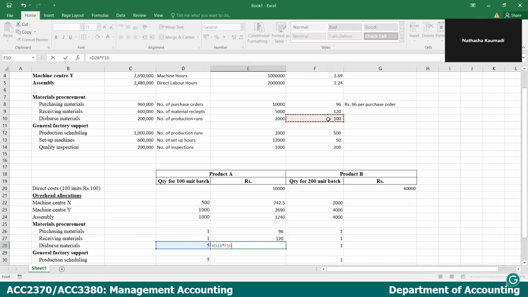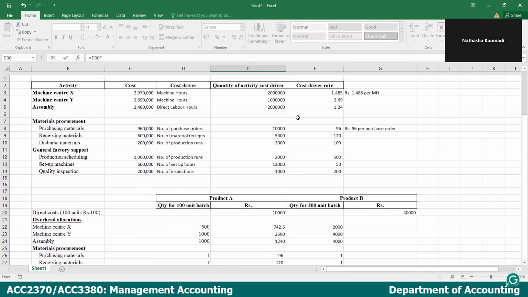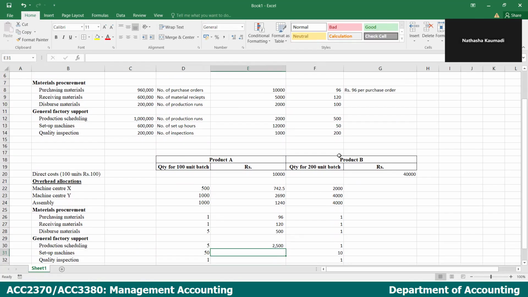What is the cost? 100 rupees. That means disbursing material cost per production run is 100 rupees. Production scheduling again, 5 multiplied by 500 rupees. That is the cost driver rate. Setting up machines, 50 multiplied by 50. Quality inspection only 1 multiplied by 200 rupees per inspection.